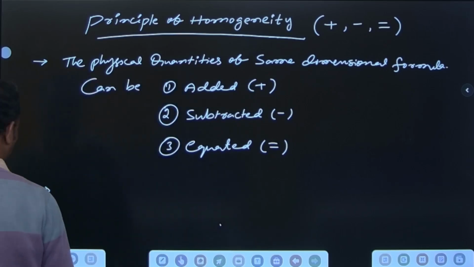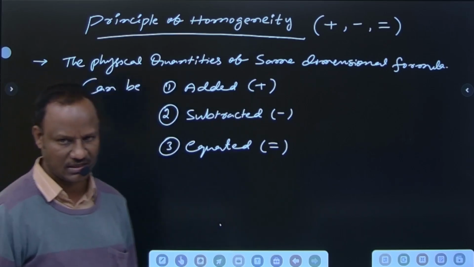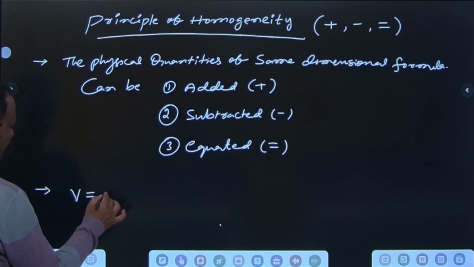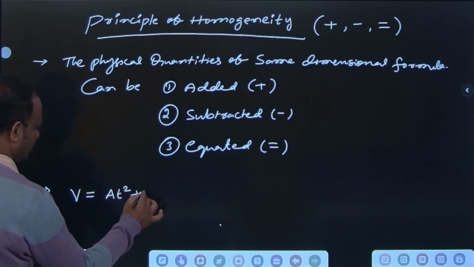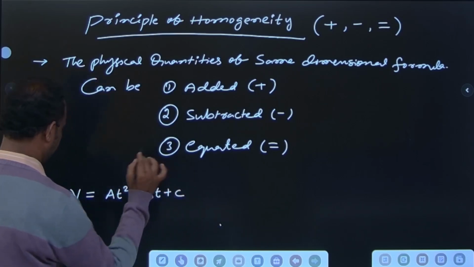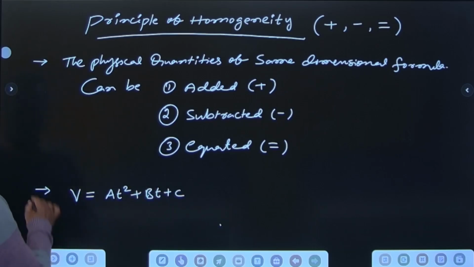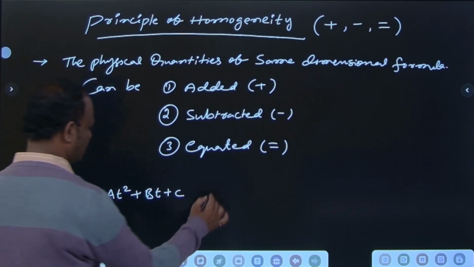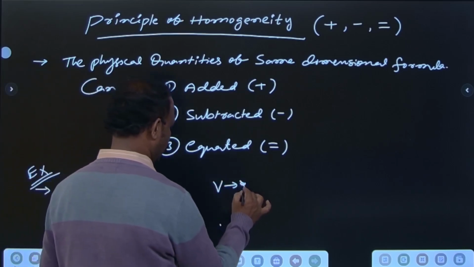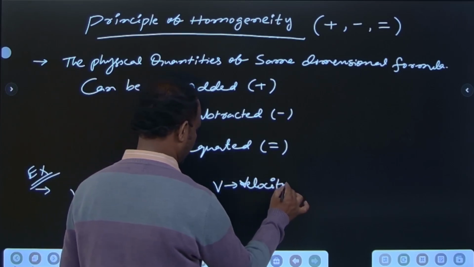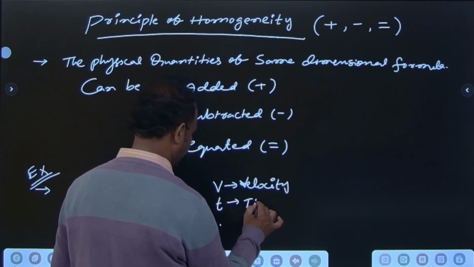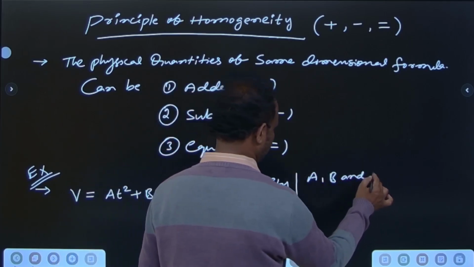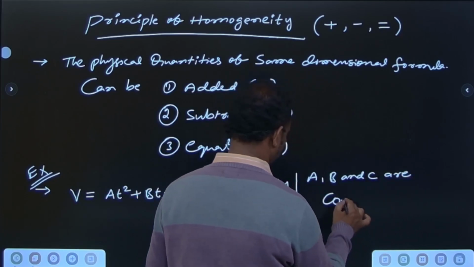For example, the best example is from NCERT: velocity v is equal to at square plus bt plus c, where v stands for velocity, t is time, and a, b and c are constants.